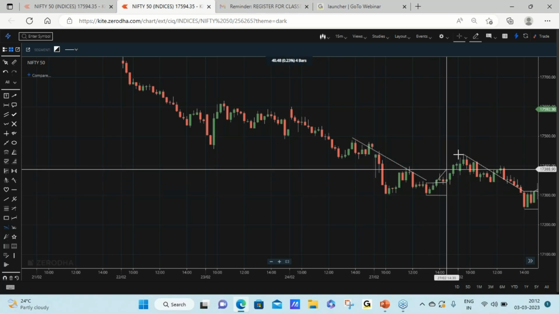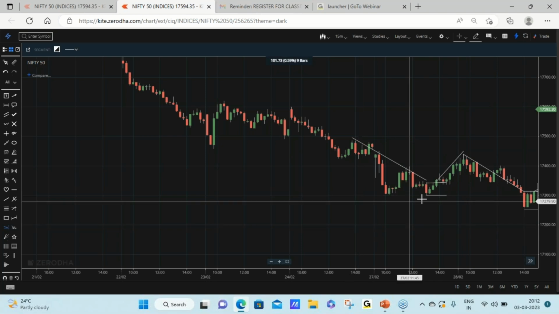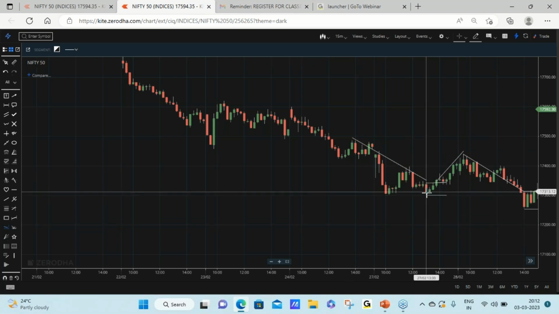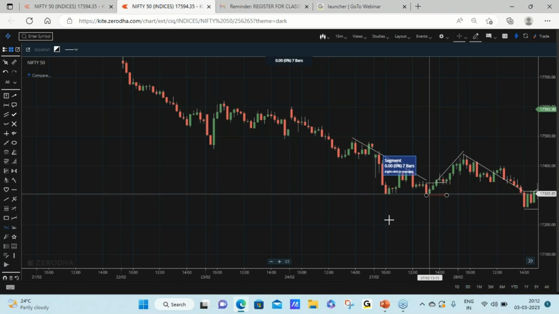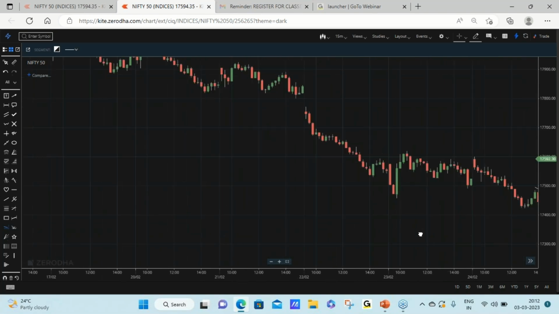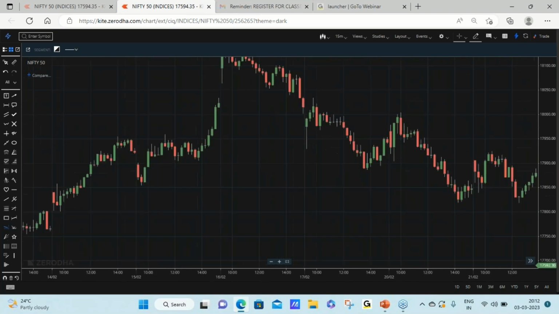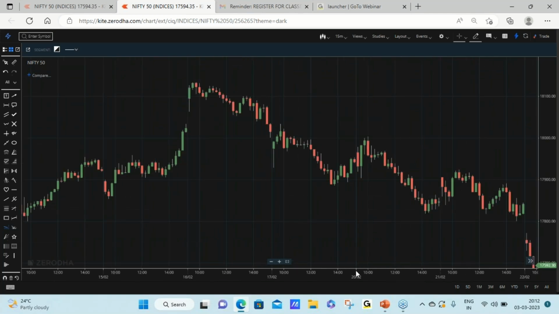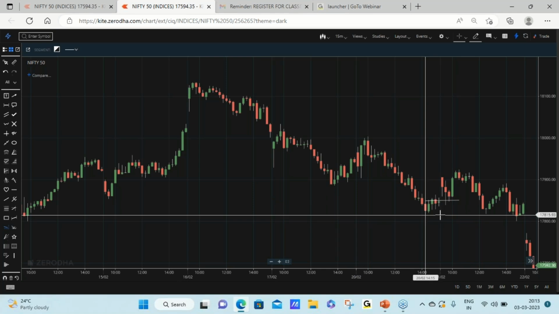And once high is breached, you can go for a buy trade, right? So it's like an inside bar, but with proper color coding, mother candle being red and child candle green in color. You will get a lot of examples because we cannot expect bullish hammer and bullish engulfing to appear every time on the chart. So whenever you get such a bullish harami, try to make best use of it.